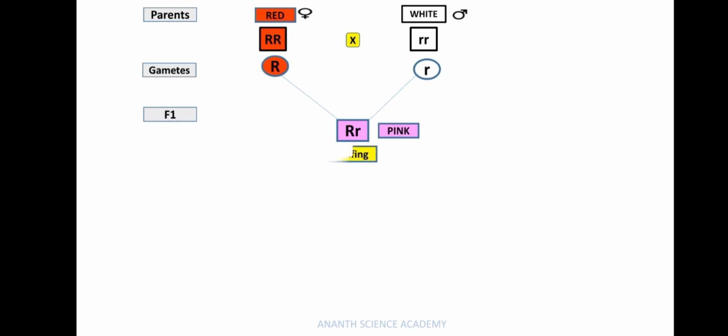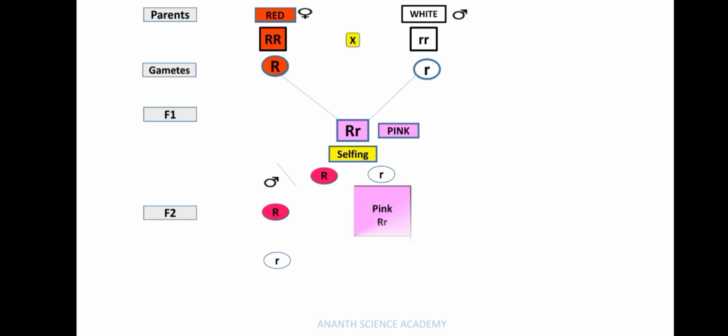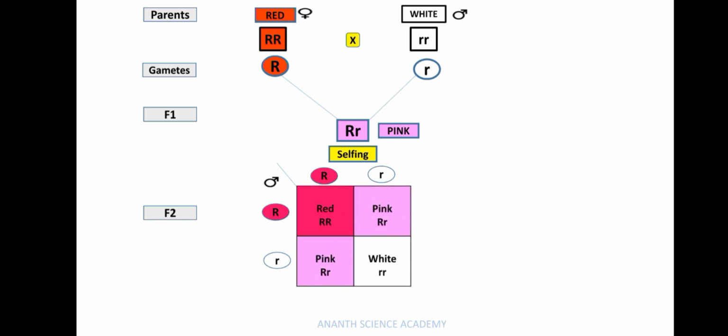When these F1 plants were self-pollinated or self-crossed, let's see the genotypes and phenotypes of the plants produced in the F2 generation. The gametes and the Punnett square or checkerboard to work out this cross.